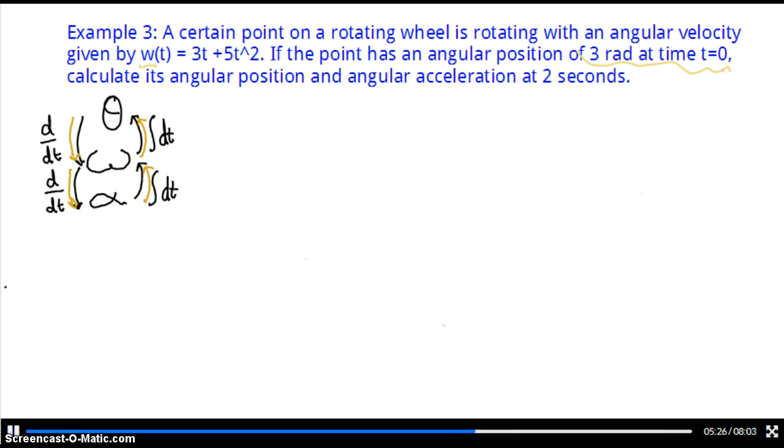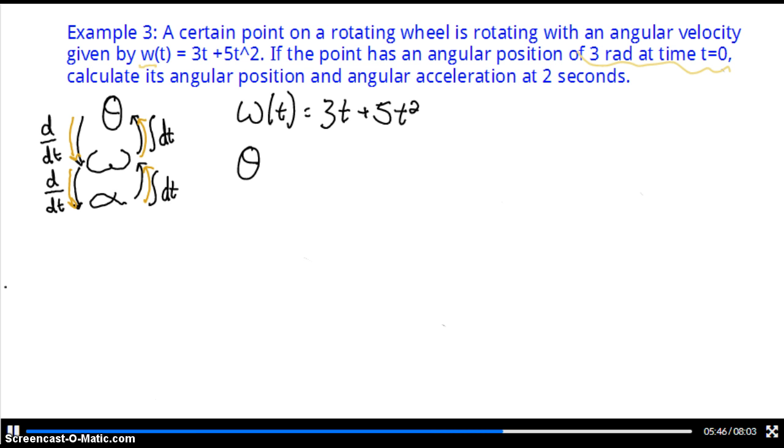So looking through here, I have my original equation for velocity. That's omega of t is equal to 3t plus 5t squared. Let's start and solve the angular position.